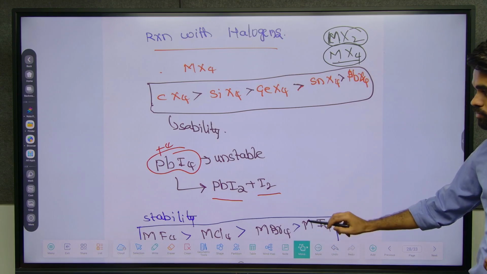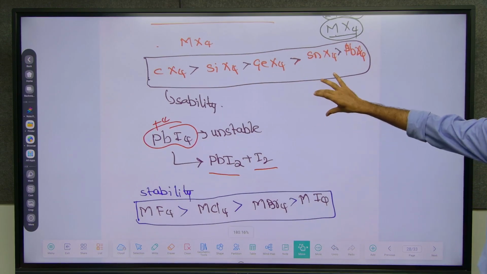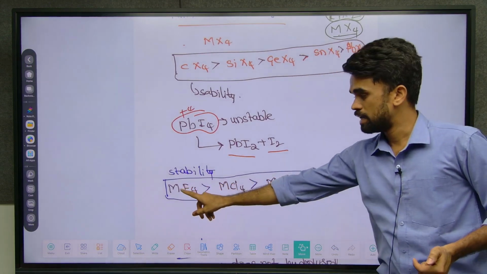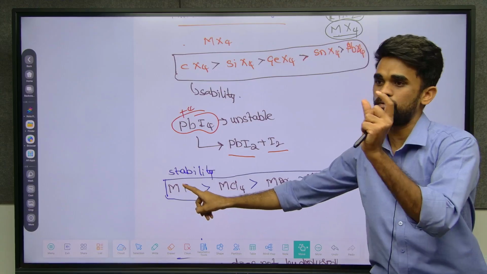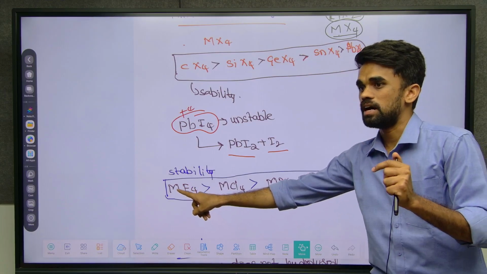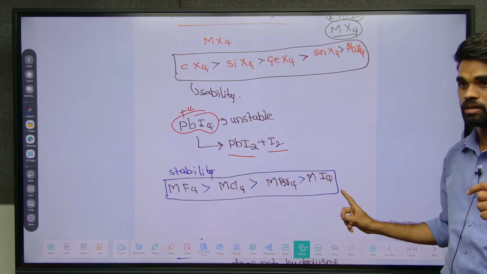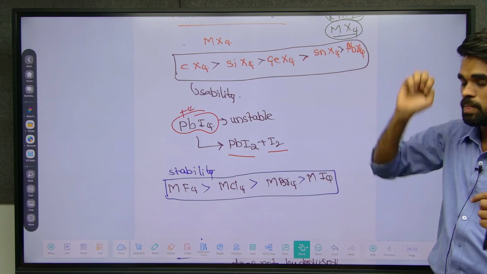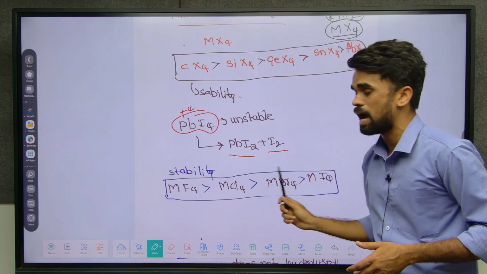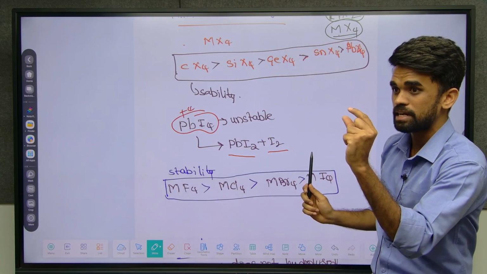Over? Okay. Next one, I have same element. Let us fix this M as any of the 14th group element like carbon or silicon like that. I am changing the surrounding atoms, fluorine, chlorine, bromine, iodine. Same story we discussed there also. So now what happens if I change the halogens? Small size halogen is there now.